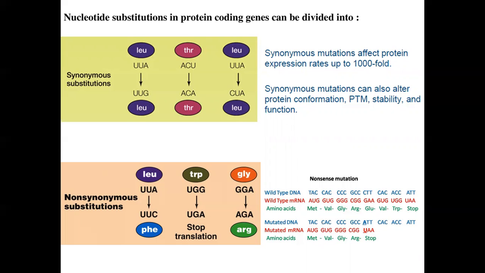And in tryptophan, UGG, if the G is replaced by A, it will result in a stop codon, which can result in the termination of translation. A non-synonymous substitution is a nucleotide mutation that alters the amino acid sequence of a protein.